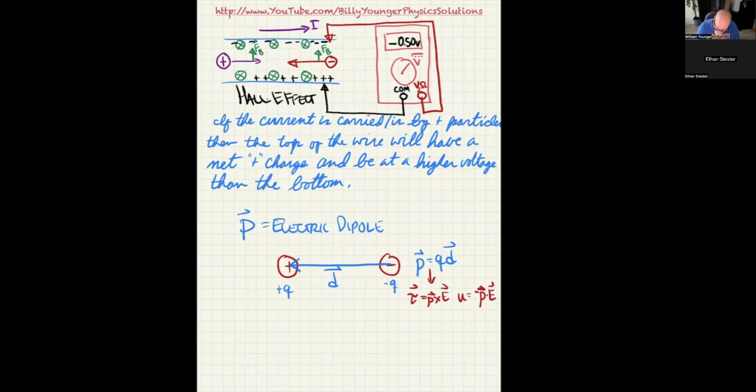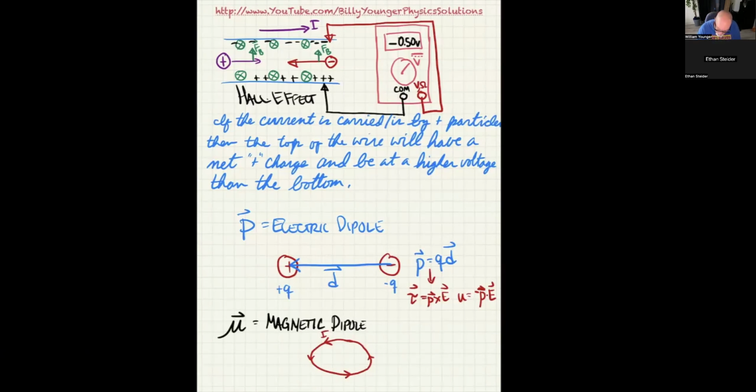Well, guess what? There's a magnetic dipole, and it's given the symbol mu. In fact, you can treat it like a loop of wire. So let's say this loop of wire has a current I going around it in this counterclockwise direction.